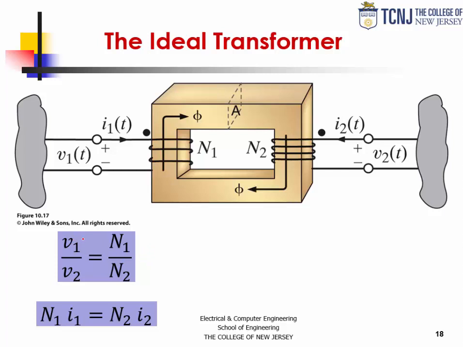So I have that the ratio of the voltage in the primary to the voltage in the secondary is proportionally equal to the ratio of the number of turns in the primary to the number of turns in the secondary. Therefore, I'm always going to have a higher voltage on the side that has the higher number of turns. If I have more turns on this side than on the secondary, then I have a step-down transformer.